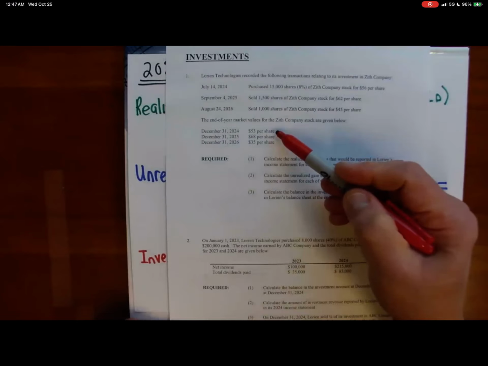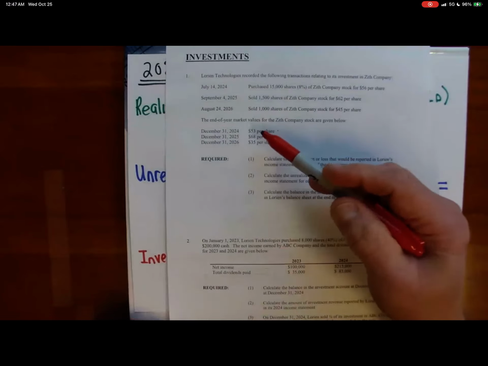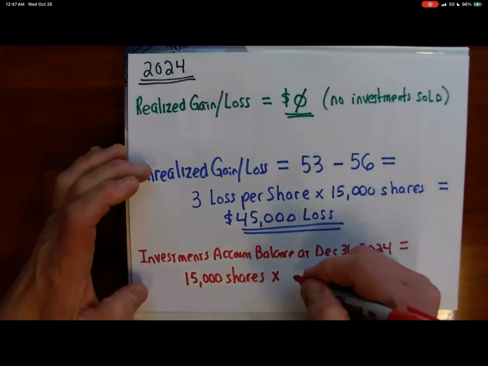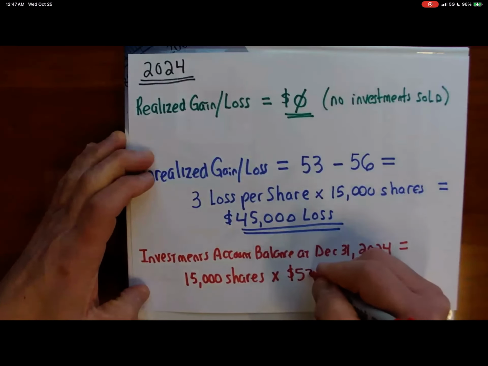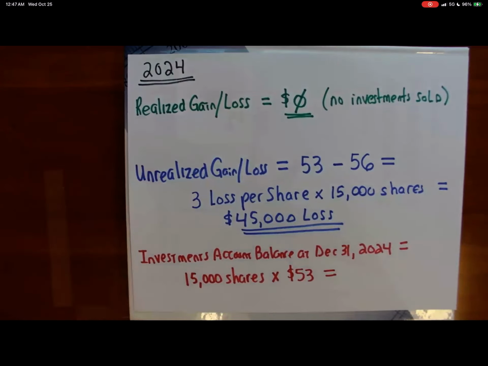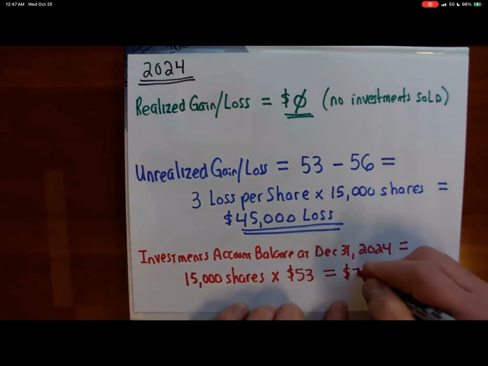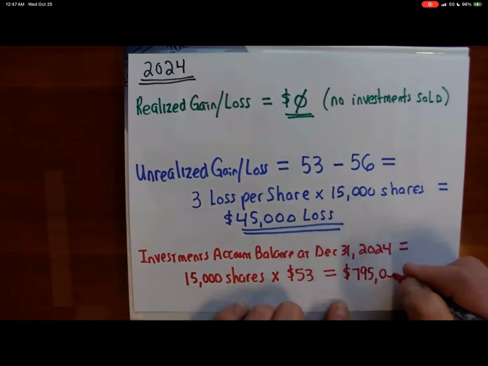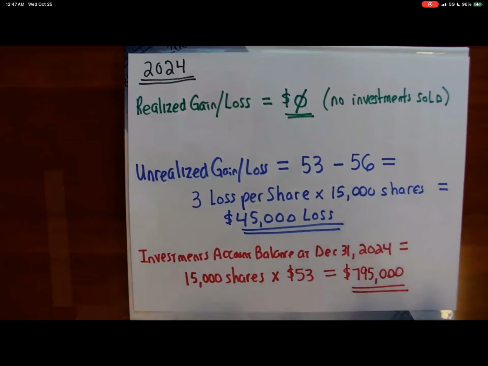The current value was $53 a share. So multiply that by the 53. The balance in the investments account totals $795,000.